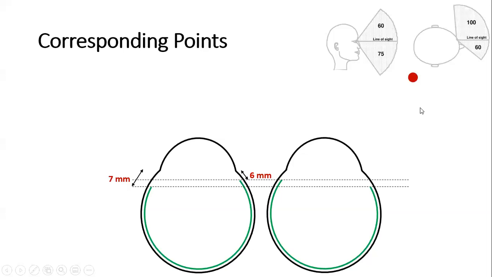So consider there is an object here in the extreme right visual field. That object is going to fall on the extreme nasal retina of the right eye. Similarly, the same object will also fall on the extreme temporal part of the left eye. But as we can see, there is no retina here, so there is no perception of this image from the left eye.